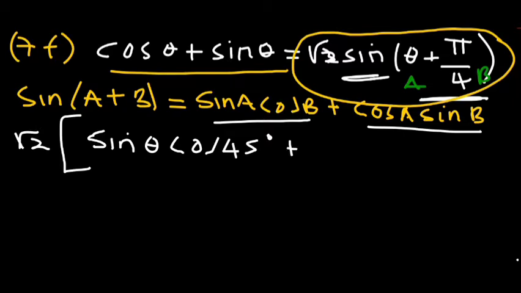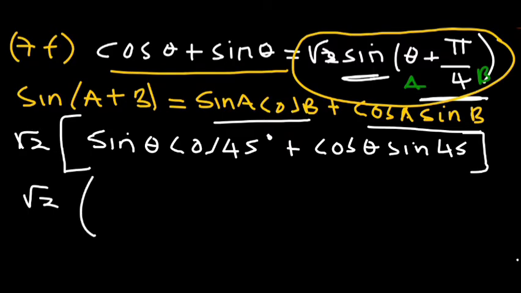And then plus, what is our cos A? Cos A is the same as cos theta, multiplied by sine B, which is the same as sine 45 degrees. Okay, so this is root of 2 sine theta. What is cos 45 degrees? When you go on the unit circle, cos 45 degrees is equal to root of 2 over 2.